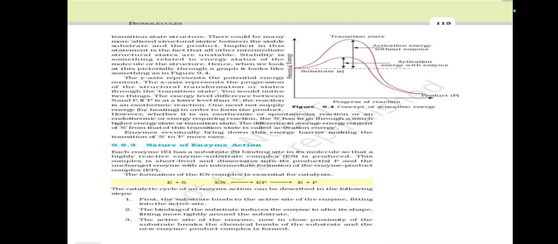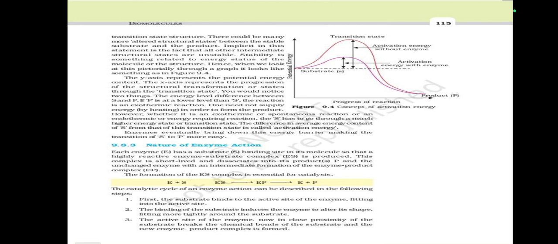The catalytic cycle of an enzyme action can be described in the following steps. First, the substrate binds to the active site of the enzyme, fitting into the active site. Second, the binding of the substrate induces the enzyme to alter its shape, fitting more tightly around the substrate.